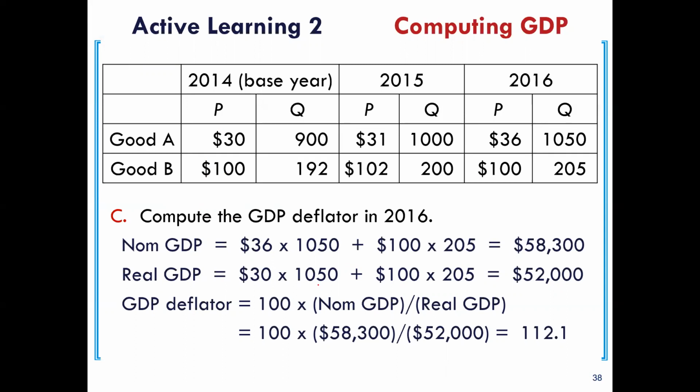The quantities for good A and B in 2016 are 1,050 and 205 respectively. So therefore, our GDP deflator is 100 times the nominal GDP divided by the real GDP. So we'll substitute the earlier figures we obtained for nominal GDP and real GDP, and that gives us a GDP deflator of 112.1.